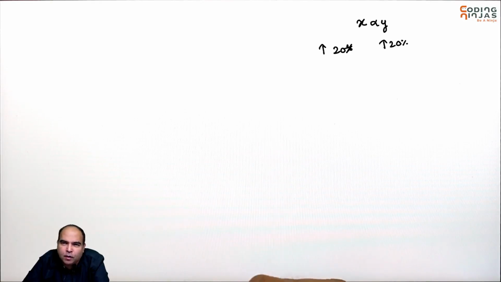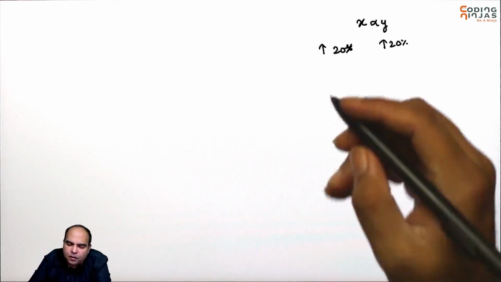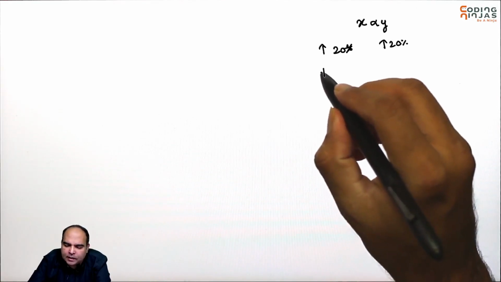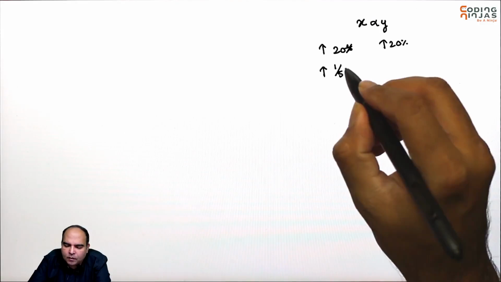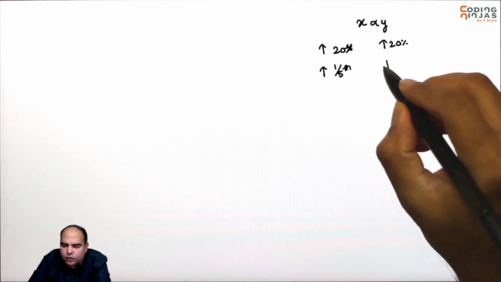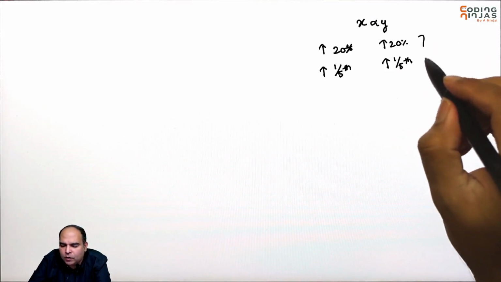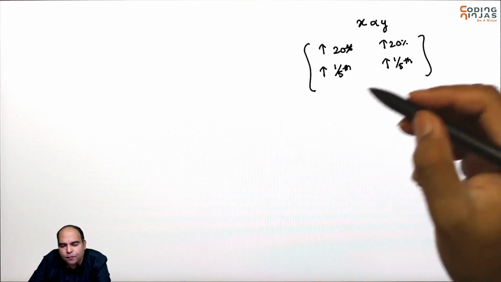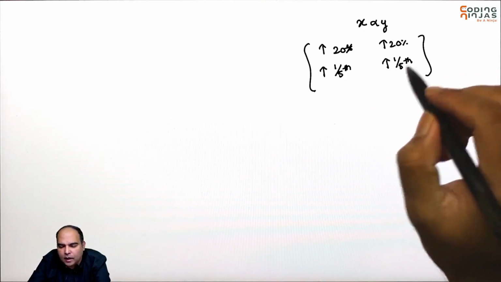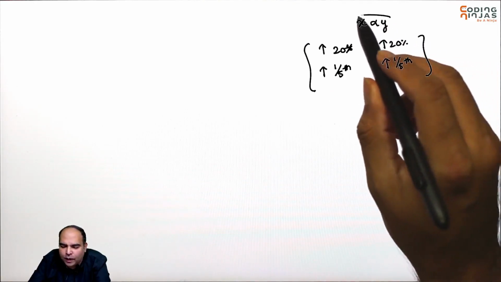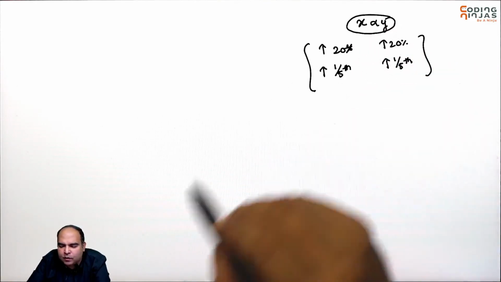And of course, you can also think about the same thing in a ratio form, that if x is increasing by 1/5, y will also increase by 1/5. Both these relationships, of course, are talking about the same thing, and this is a relationship that will always hold for any x varies as y situation.